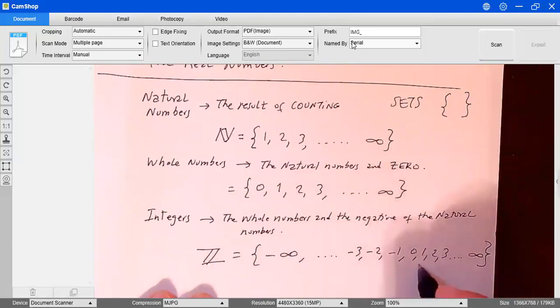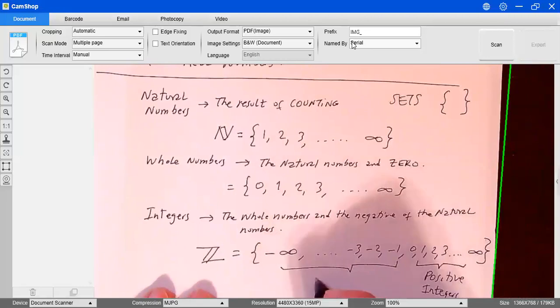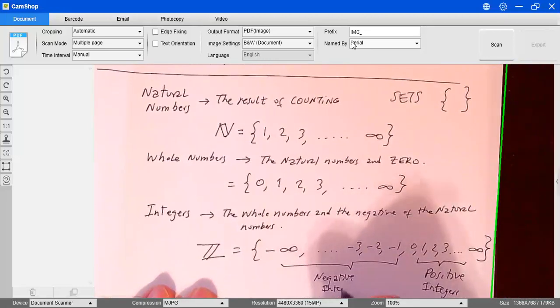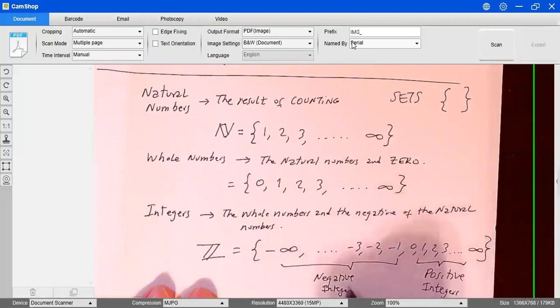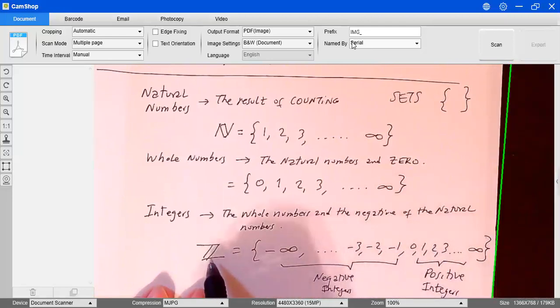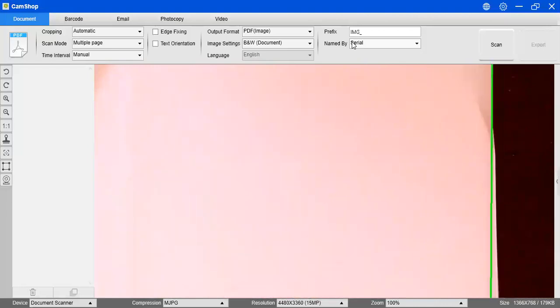These are the natural numbers, just positive integers. Then you have from here to the left the negative integers, and finally 0. So negative integers, 0, and positive integers is what makes the set of integers represented by this letter Z.